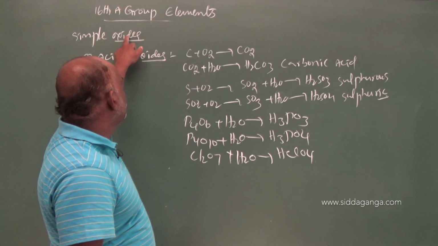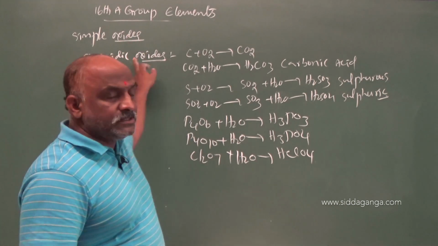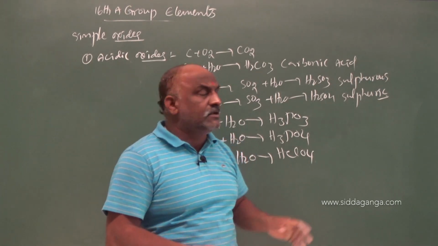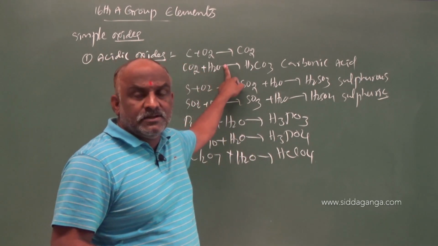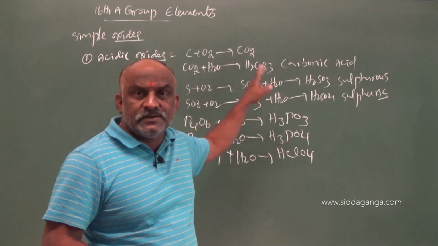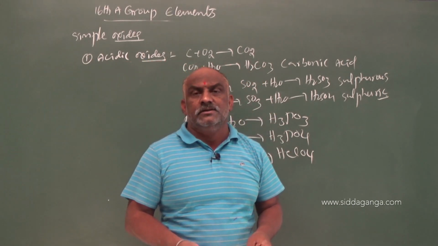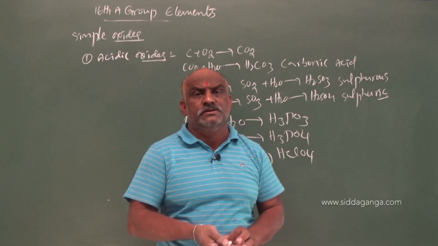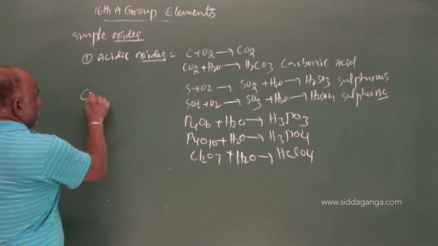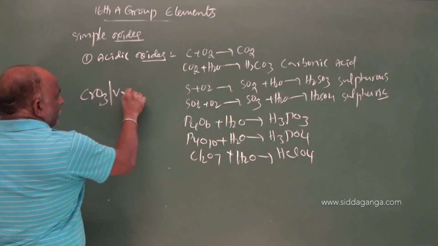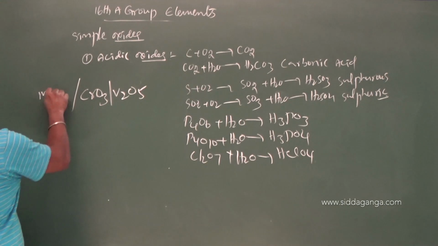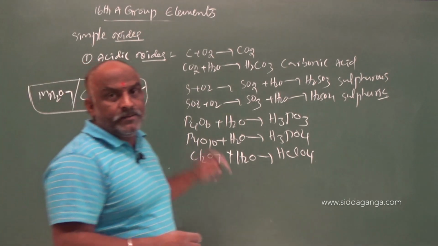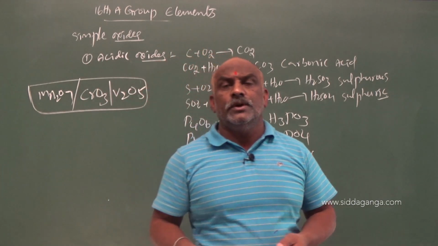Simple oxides are further classified into four categories. Number one is acidic oxides. What are acidic oxides? Non-metal oxides are called acidic oxides. But some exceptions are there. Make a note: CrO3, V2O5, Mn2O7. Manganese, chromium and vanadium belong to the D block.